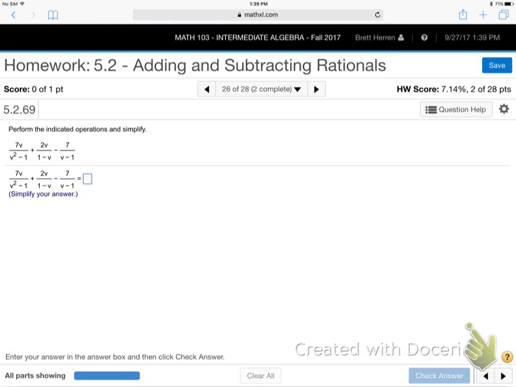Okay, so 7v over v squared minus 1 plus 2v over 1 minus v minus 7 over v minus 1. Yeah, this is a tough one. So we've got some step 0 issues before we even do the normal stuff.